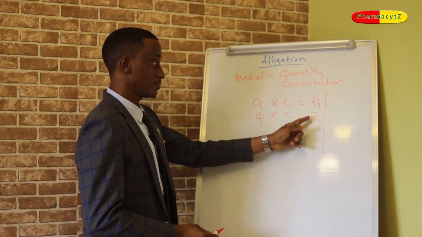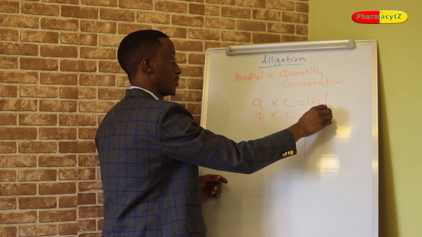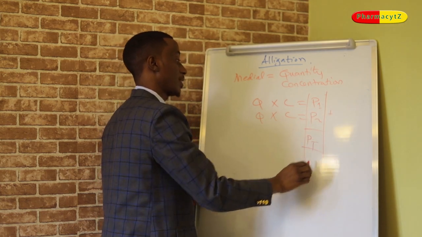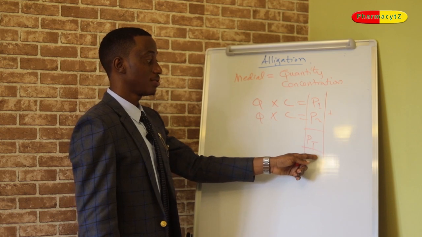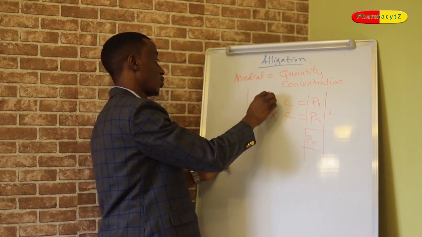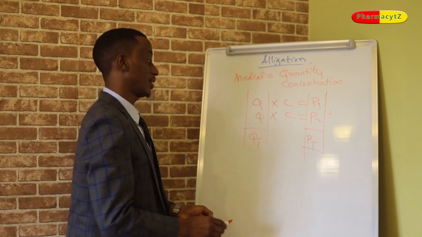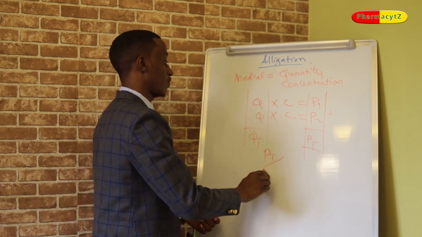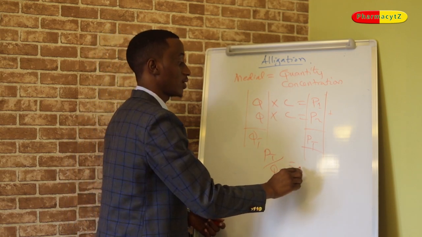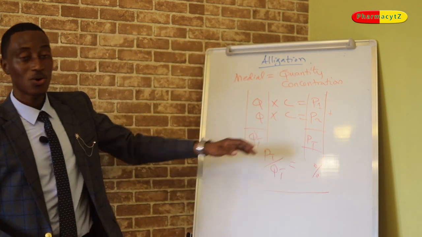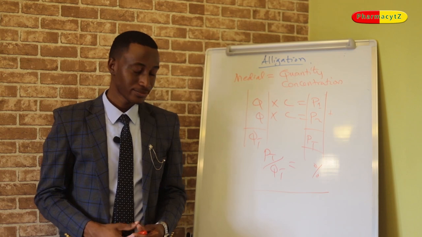Then sum the products, P1 plus P2, to get the total products. Then this is divided by the total quantity, Q1, Q2, and whatever. So P total over Q total is going to give you the final percentage strength. And this is all about alligation medial.